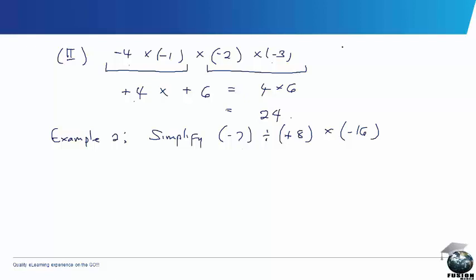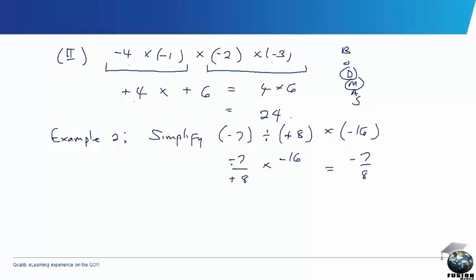I believe everyone remembers that BODMAS still plays a role here, because division comes after multiplication. We can say minus 7 all over plus 8, and then times minus 16.